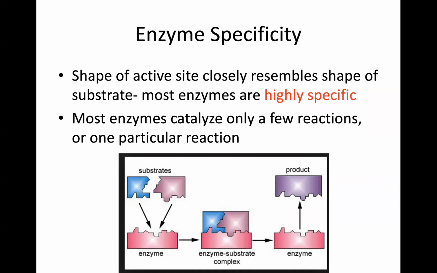So each reaction might have its own enzyme that it requires. Those active sites must be the right shape in order for this enzyme to bind to get this enzyme substrate complex formed.